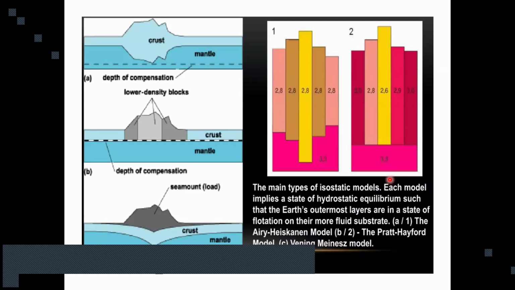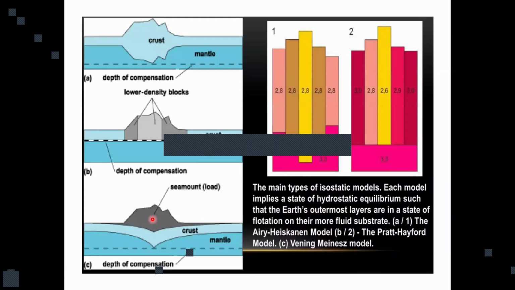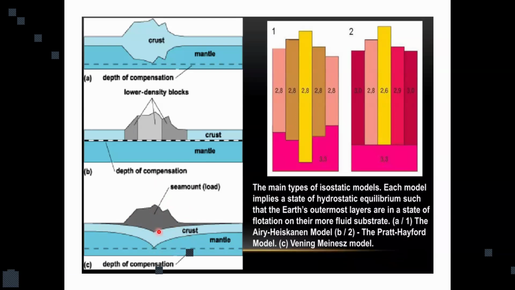What it is saying is that if you put a load like a mountain on the crust, it will bend. The pressure of the load is distributed over an area. Where the load is uppermost, you can see it bends the most, whereas where the load is diminishing, the amount of bend is also diminishing.